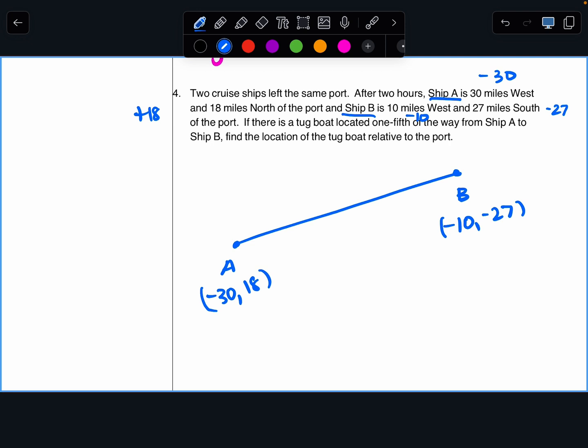There is a tug. Tugboats are little tiny things that push big things. Here's the tug. That's ship A and ship B. The tug is right there. And that's where K is 1/5.